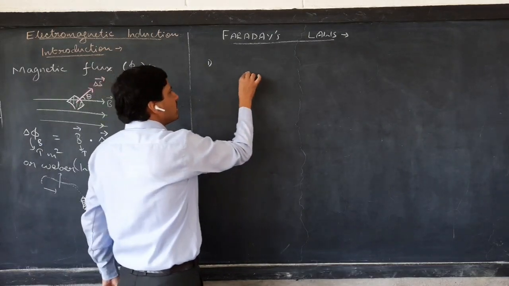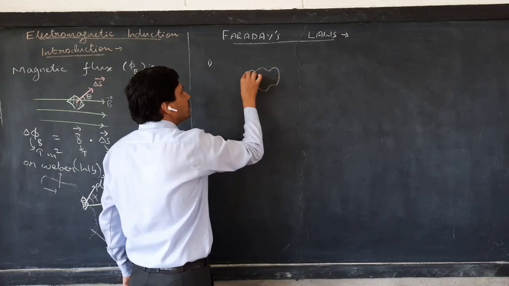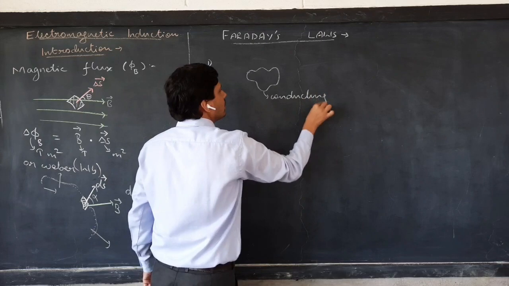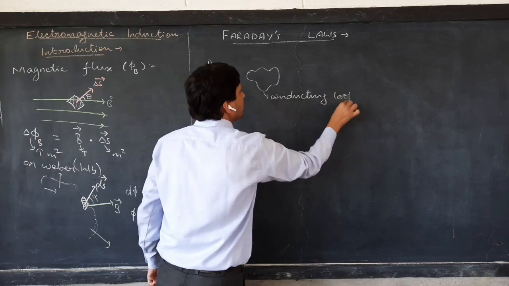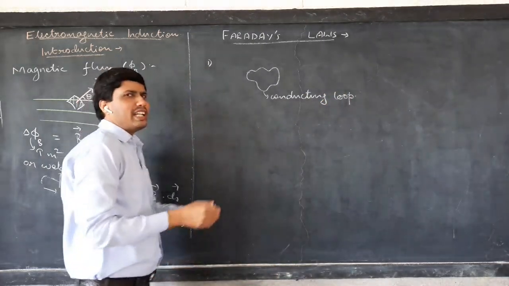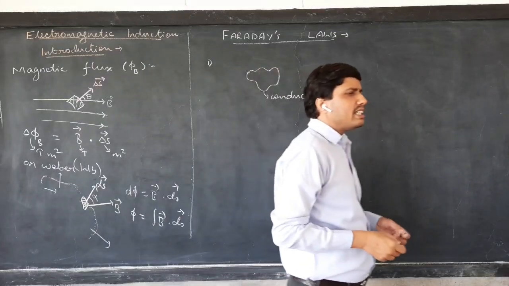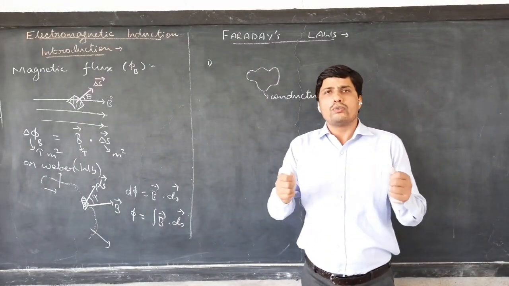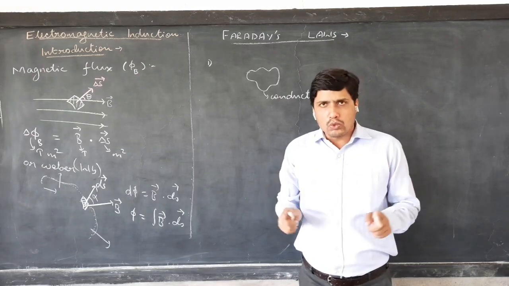that if we have some conducting loop of any shape, that means I have a wire, and it may not be a loop also. It can be a wire of any shape which does not form a closed loop.